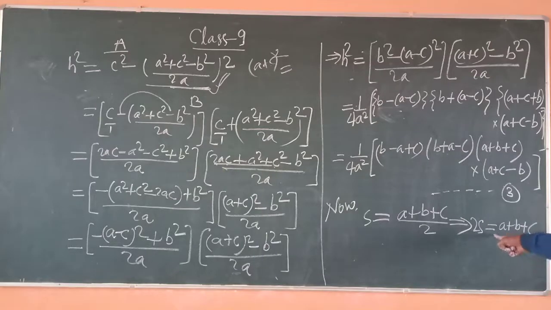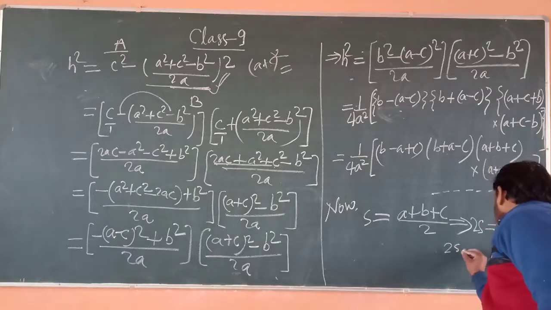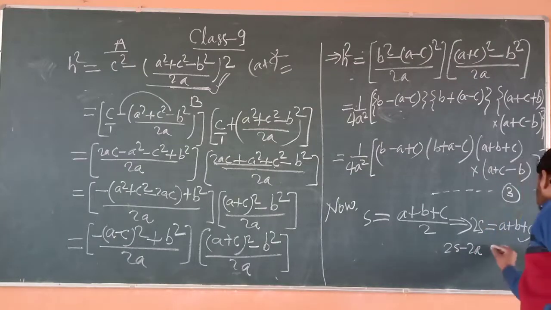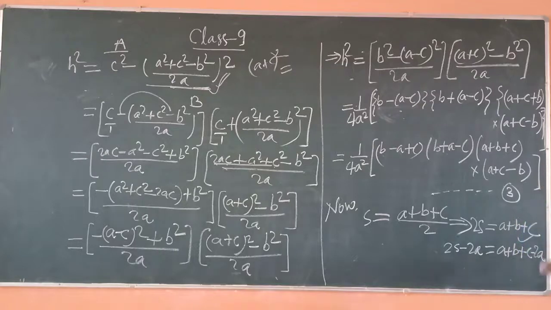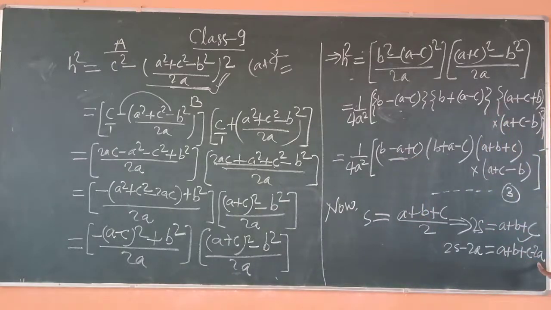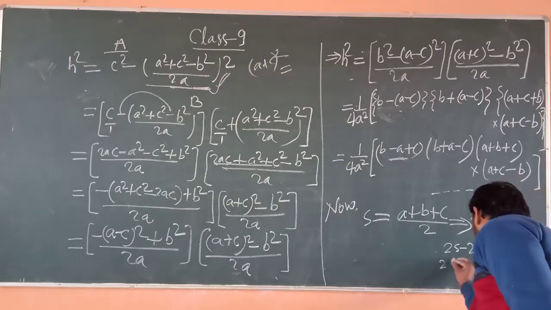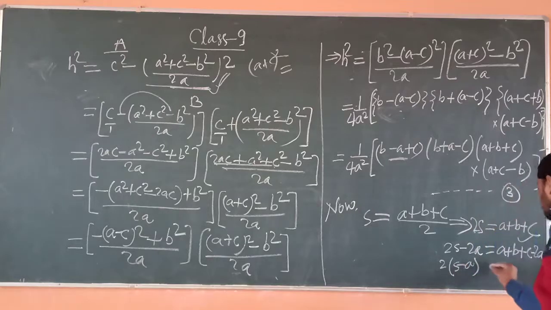So 2s is equal to a plus b plus c, and subtracting 2a from both sides, because we have to bring minus a, 2s minus 2a is equal to b plus c minus a.